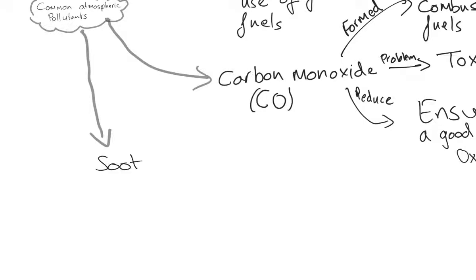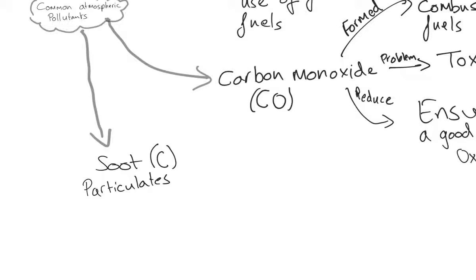Sometimes we just call it carbon particulates, or particulates. A bit like particles, very small pieces of solid, for example. But soot in particular is a type of particulate, and we would just say that the formula for soot is C, because it's just carbon, capital C. So again, most fuels contain carbon, and if there's not enough oxygen, you might get carbon monoxide.